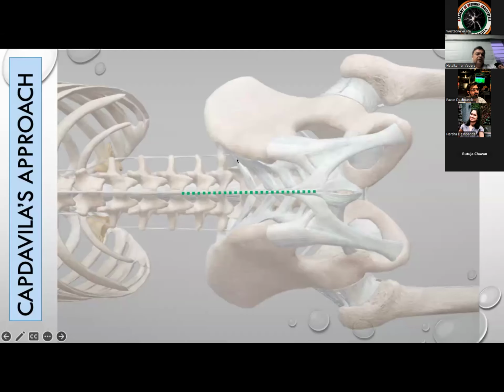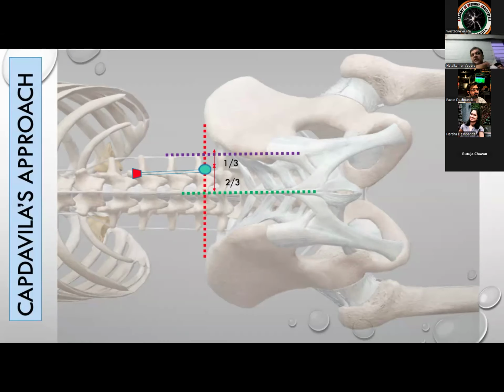The landmarks are again the same: midline, a line parallel to it through the posterior superior spine, and this is Tuffier's line. And then we have to divide into medial 2/3 and lateral 1/3. And this is the needle entry point where we insert the needle, hit the transverse process, and walk off the transverse process to get the desired response. But the important point is the distance from the transverse process to the plexus is 2 centimeter.